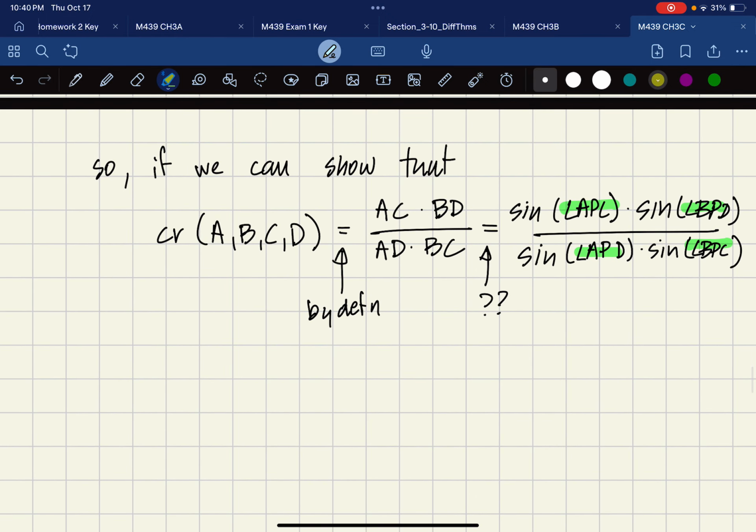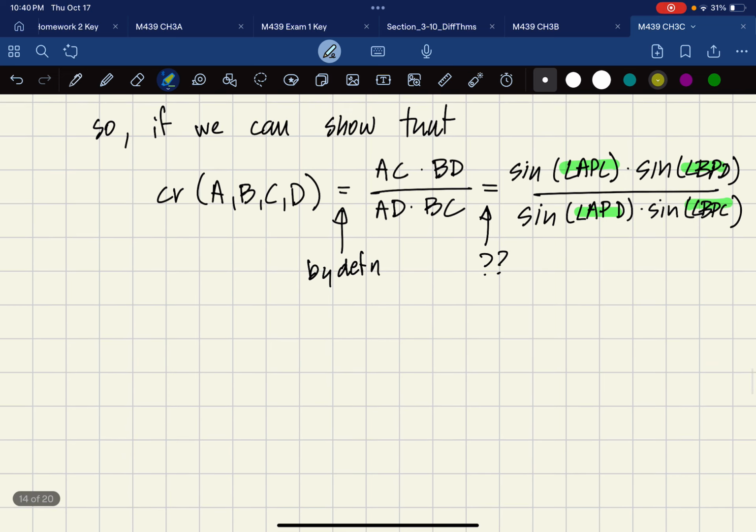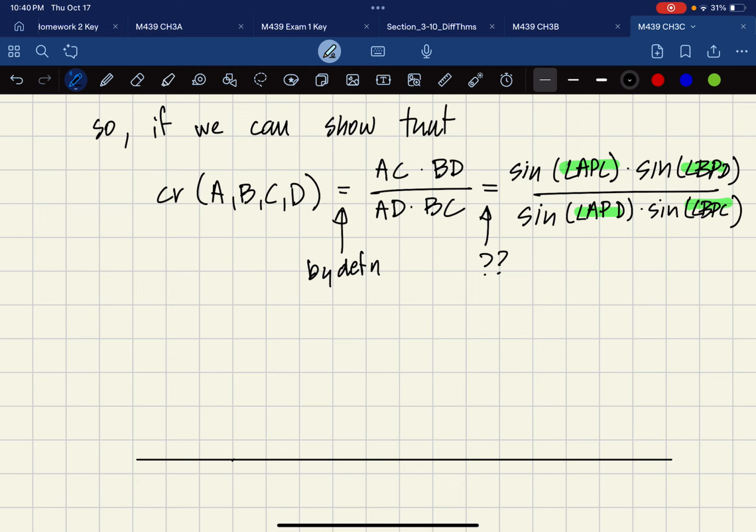So that's the point where I think I'm going to leave you tonight. How in the world could we do this? If we think about this setting, you're going to want to think about a line where you have points A, B, C, and D on that line.